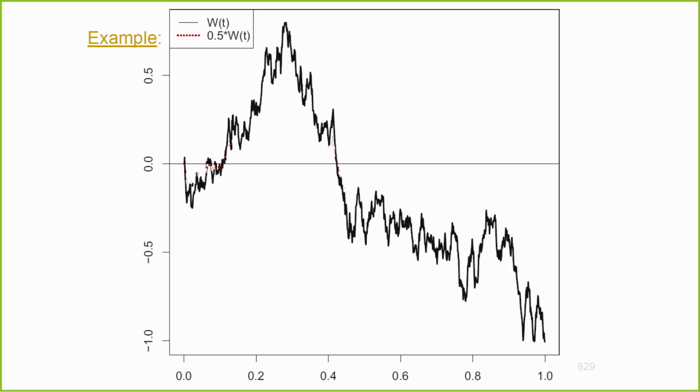So that changes just the amplitude of the process, as you will see. The dashed red line here is the Brownian motion. So I basically cut the amplitude of the Wiener process with respect to the y-axis by half, because it's 0.5 times the Wiener process. If it were 2 times, it would just double it. But that's how it changes.